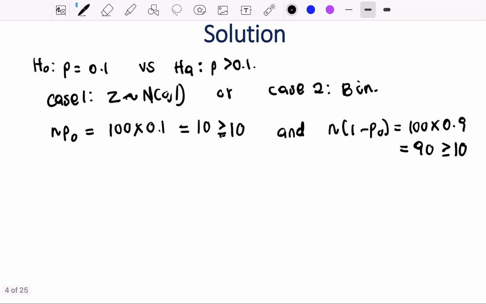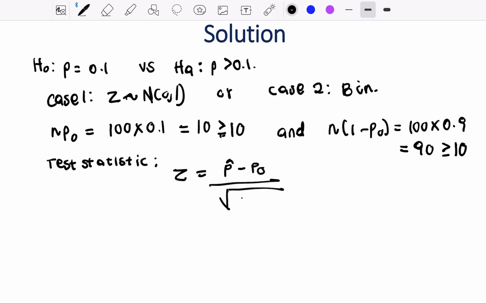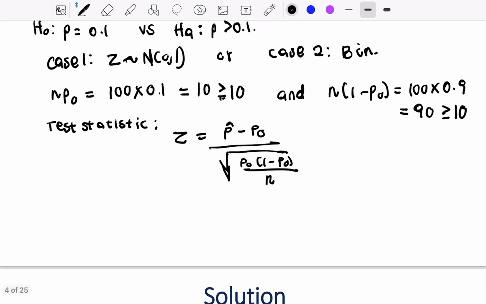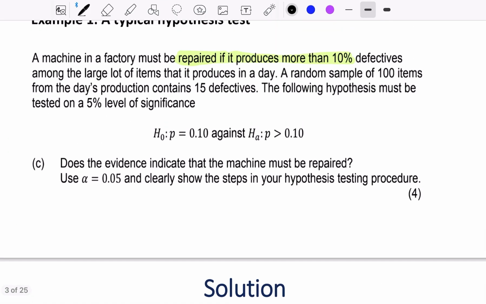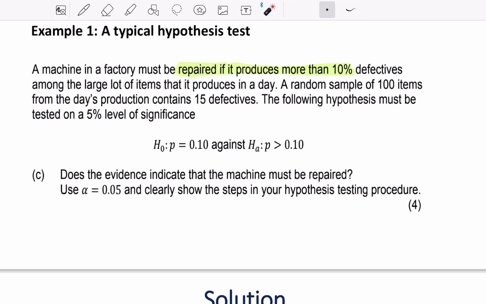So now that means that your test statistic will be given by z is equal to P hat minus P naught over the square root of P naught into 1 minus P naught, all divided by n, okay? And P hat, according to the scenario, remember they said a random sample of 100 items from a day's production contains 15 defectives.